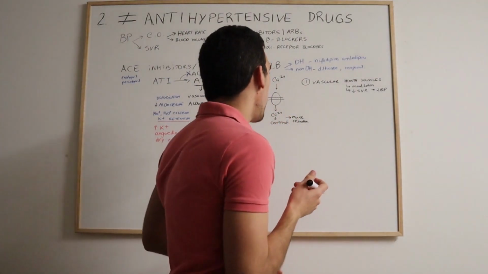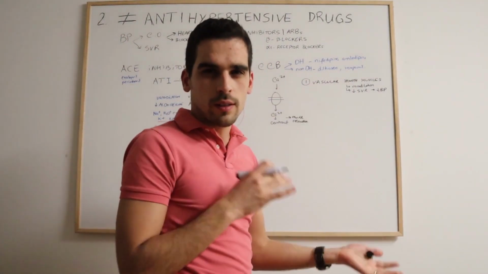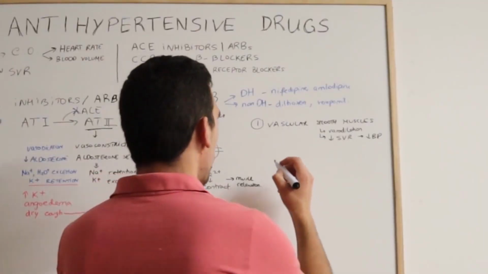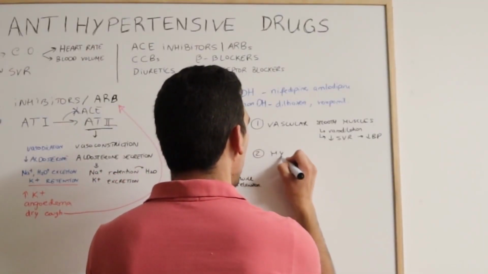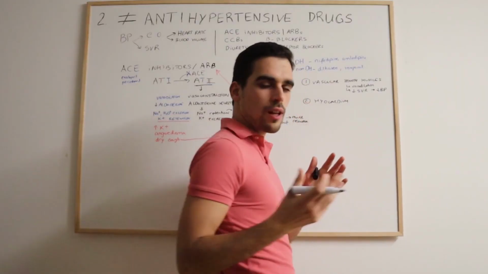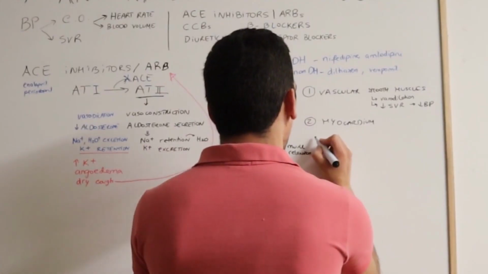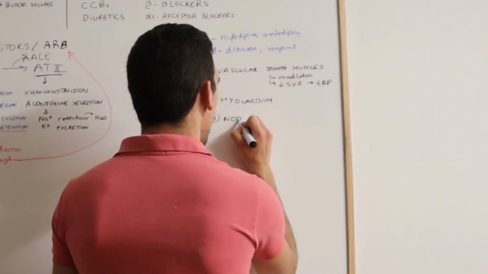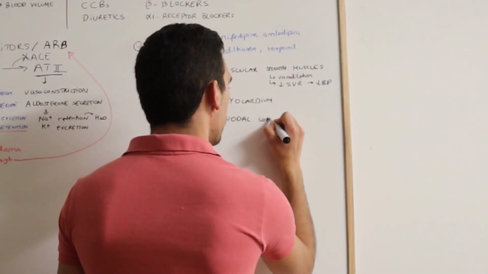Whilst the non-dihydropyridine calcium channel blockers, diltiazem and verapamil, act more at heart level, so they can either act on the myocardium, on the coronary vasculature, or they can also act on the nodal conduction system.